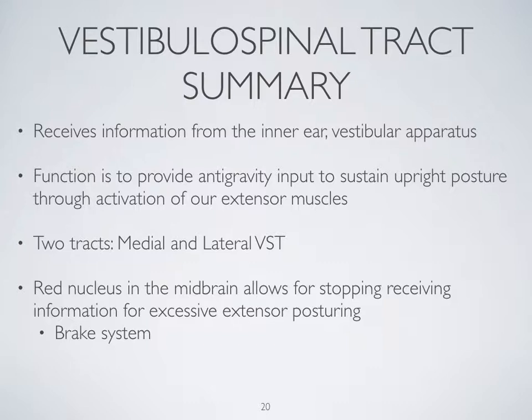Then it gets to the vestibular nuclei in our medullary area, providing head and neck control through our medial vestibulospinal tract, and extensor or anti-gravity movement of our axial skeleton through the lateral vestibulospinal tract. But the main purpose is anti-gravity posture.